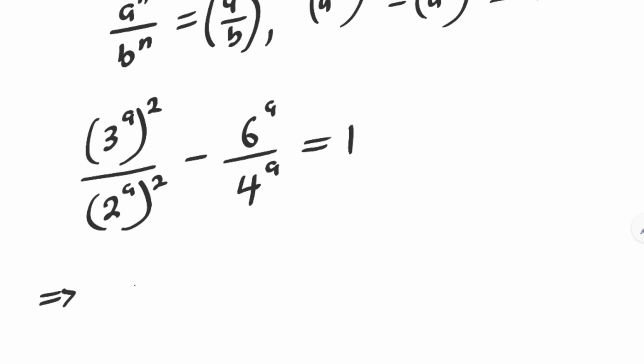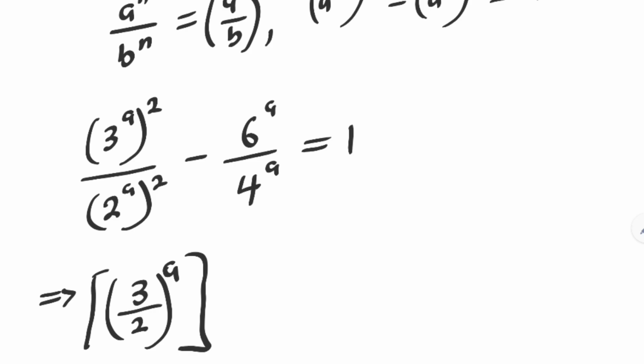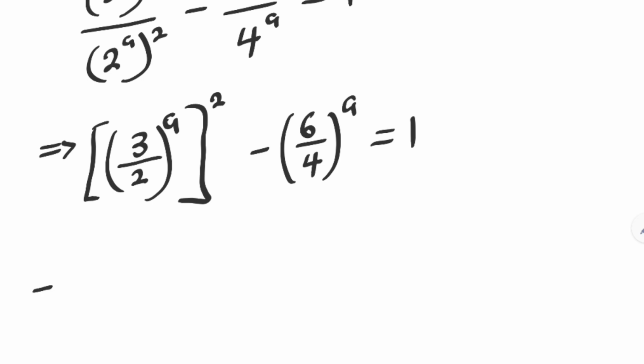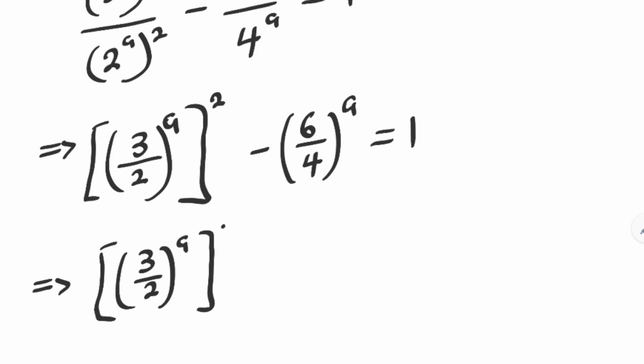This can be written as 3 divided by 2 all raised to power A, then all squared, minus, here we have 6 divided by 4 all raised to power A is equal to 1. 3 divided by 2 all raised to power A all squared minus, 2 here, 2 here, 3.